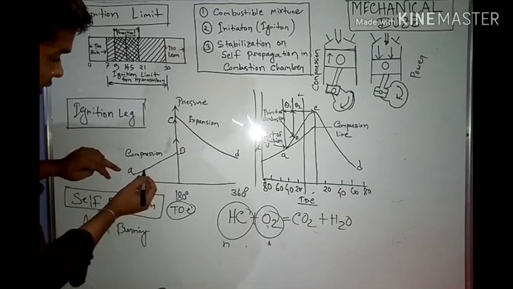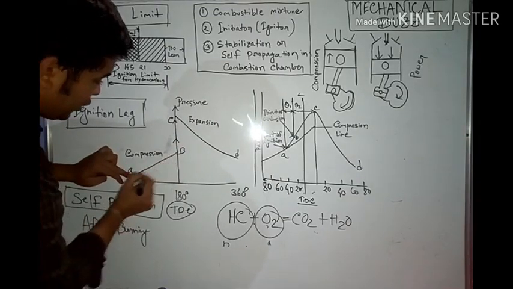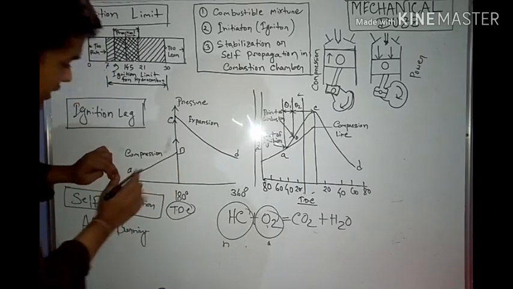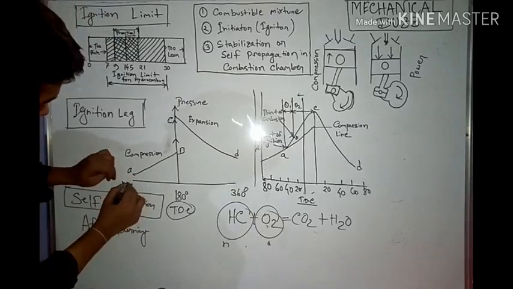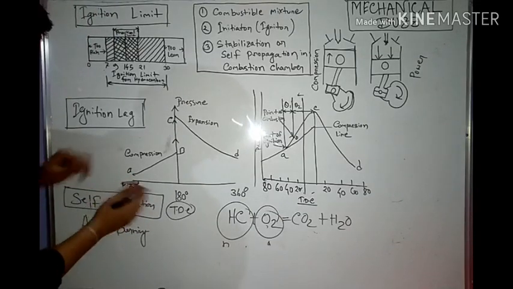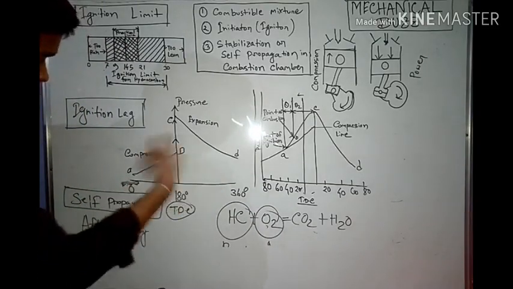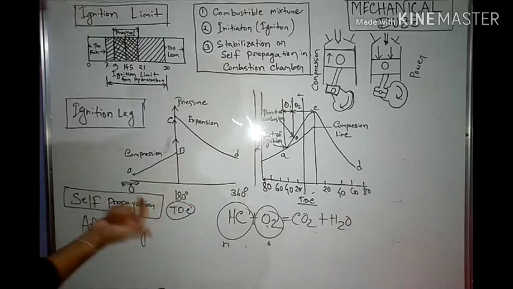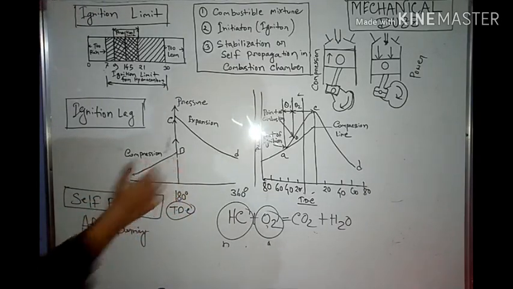I haven't written BDC here because the compression stroke doesn't actually start from BDC; this is theoretical. So from BDC to TDC, A to B is called the compression stroke.